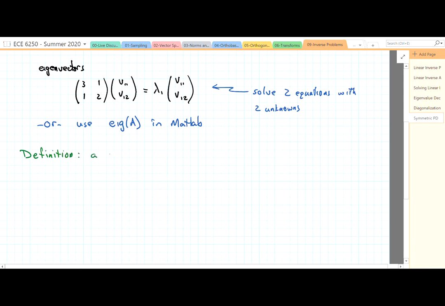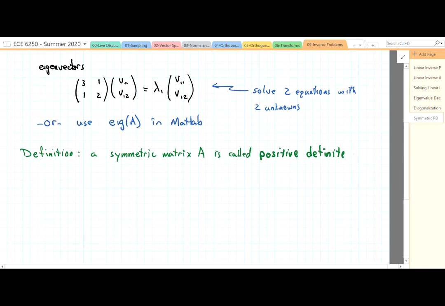Definition: a symmetric matrix A is called positive definite if it has strictly positive eigenvalues, that is lambda n is strictly greater than 0 for n from 1 to n.